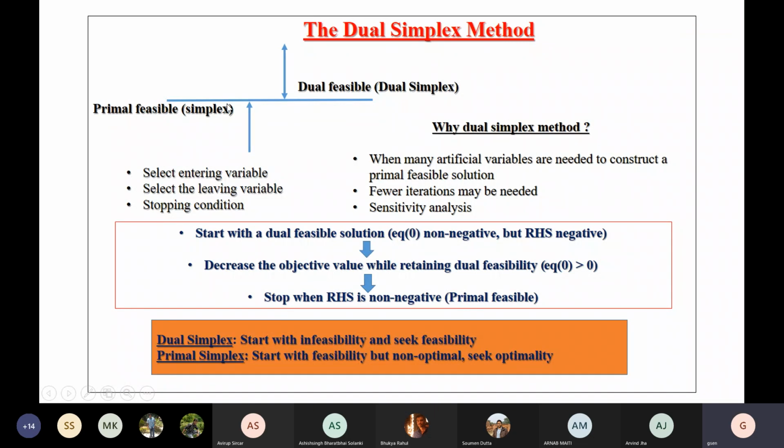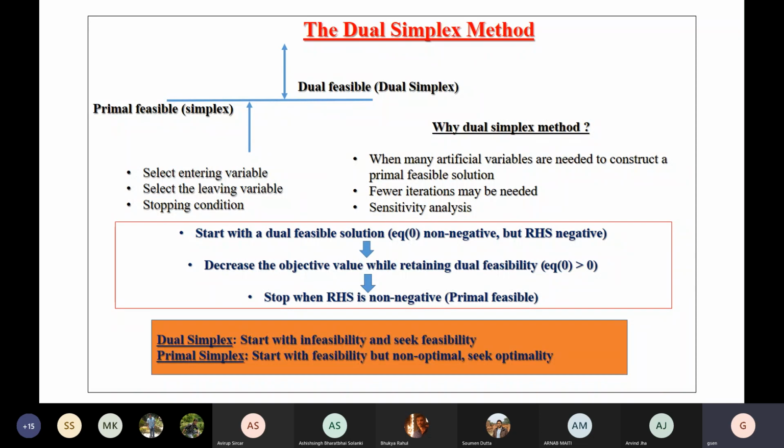Similarly, if we look at the dual feasibility, that is, all dual feasible solutions, we know that it will be on the other side of the line, right? Because their corresponding primal solution would be infeasible.